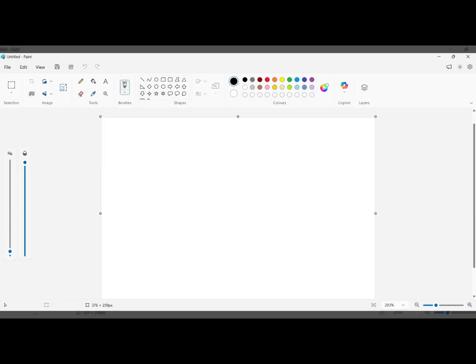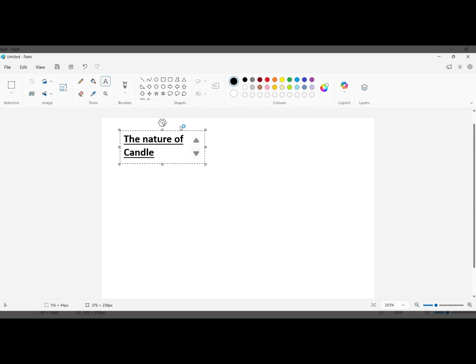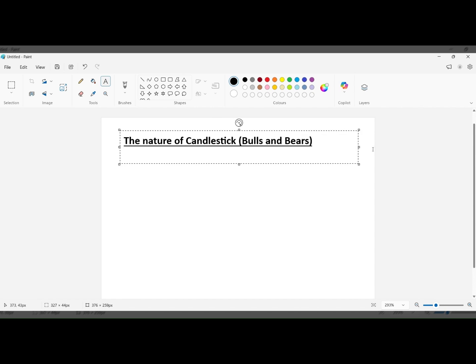Okay, so technically today we'll be discussing the nature of candlesticks. This is where we have bulls and bears, or bullish and bearish candlesticks. Before we get into it, let's do a quick recap.